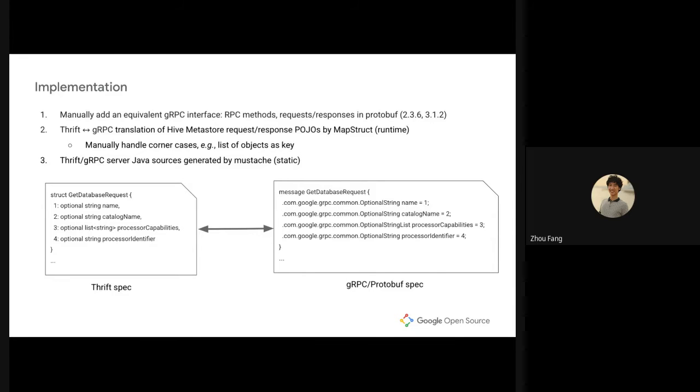It actually just calls the translator we have in step 2 to do the conversion. So with all those 3 steps, the proxy is built. And here we give an example of how the Thrift spec and the gRPC spec look like. So the idea is to create an equivalent gRPC interface here.